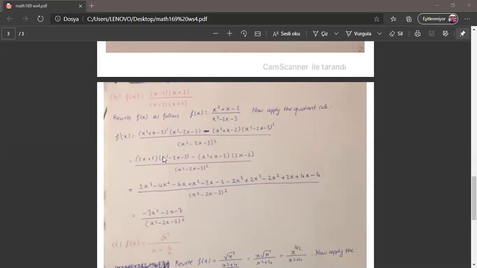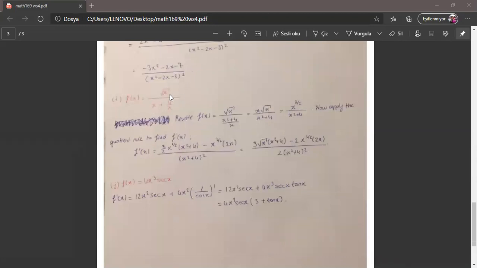So here we have 2x plus 1 as the derivative of the first one times the second one minus the first one times the second one's derivative, which is 2x minus 2, over the square of the second function. You just multiply these parentheses, and finally you add them and get this quotient. This part is easy. So the trick is to rewrite the function in this form.